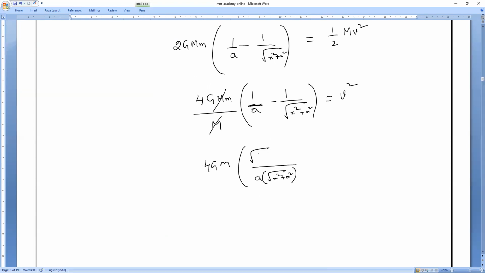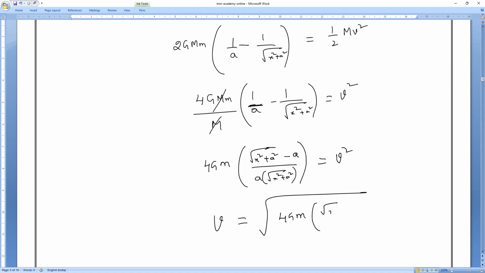So here what will happen: 4GM into root over x square plus a square minus a, divided by a into root over x square plus a square, is equal to v square.